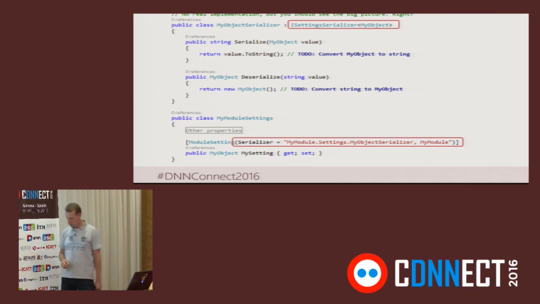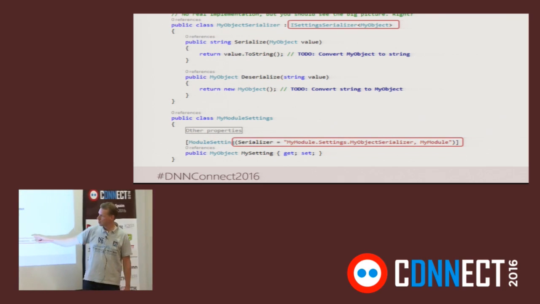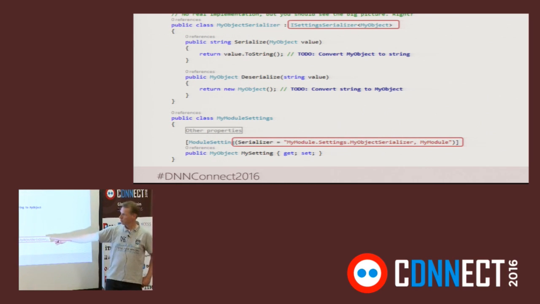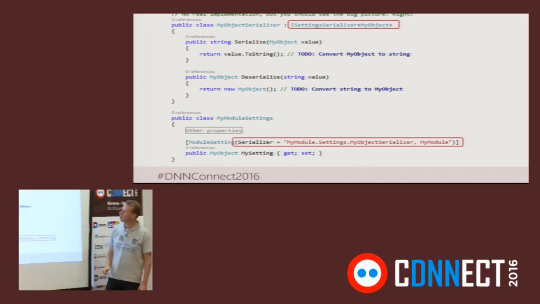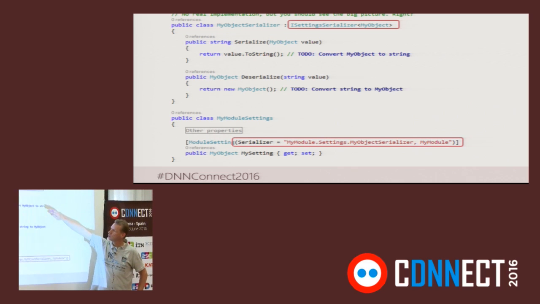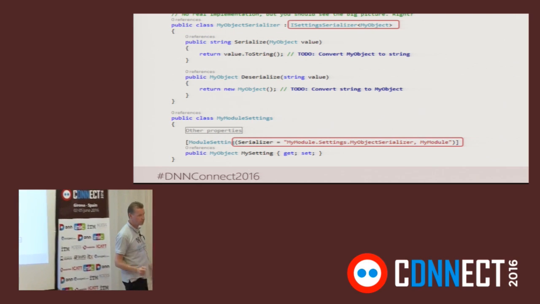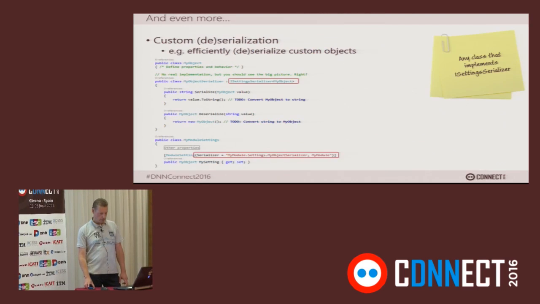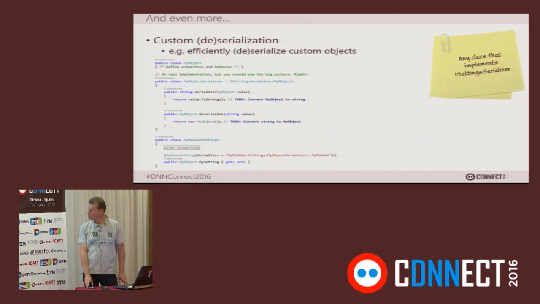Now then I can use the serialization method. I can specify a specific object, and the object is actually defined here above. And as you see, it only needs to implement a simple interface which holds two methods, serialize and deserialize, obviously from string to string, in order to get your object in the settings. So basically any class that implements the ISettingsSerializer can be used for that.